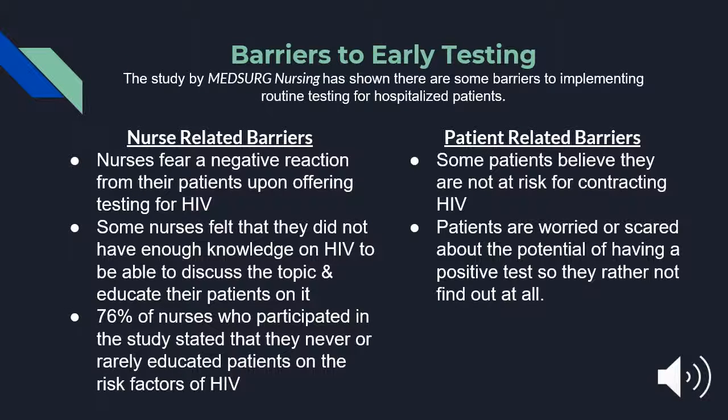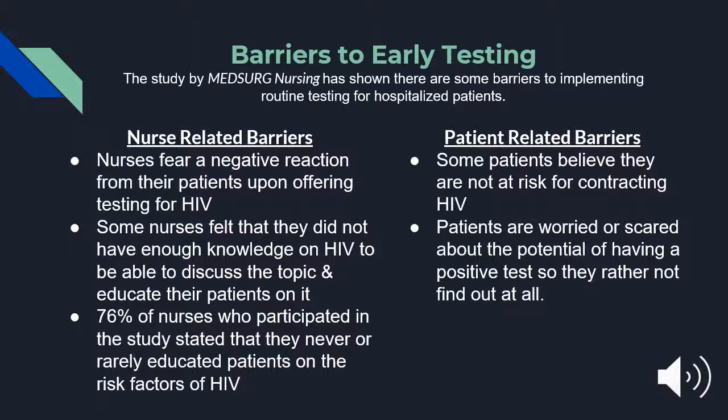The study from MedSurg Nursing did find that there are some barriers to implementing routine testing and having certain patients get early testing. Some nurse-related barriers include that nurses fear a negative reaction from their patients after offering HIV testing.